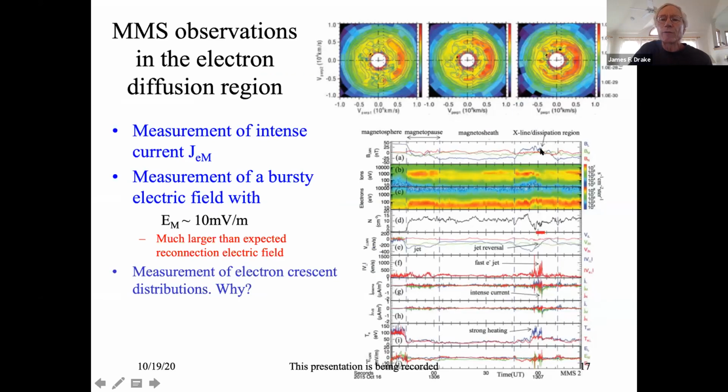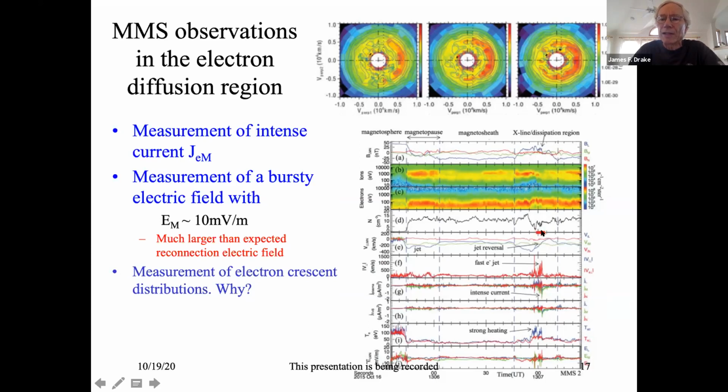And you can see the reversal. This is in so-called minimum variance coordinates, where L is the reconnecting field direction, N is normal, and M is the out-of-plane direction. Okay, so here is the crossing of the dissipation region.